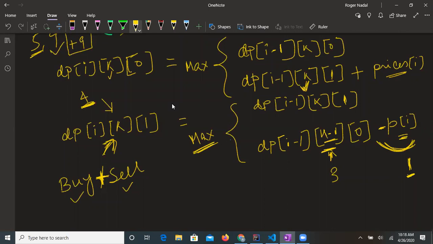So you're using K as like a counter. Yeah, one of the loops can have K. For a simple case, maybe not, if you have only 1 or 2 values, you can optimize that. But if you have, suppose, at most 10 transactions you can make, then yes, you will add a loop where you will start from 0 or 1, maybe 1, because otherwise you will get index out of range, and then you will build up.